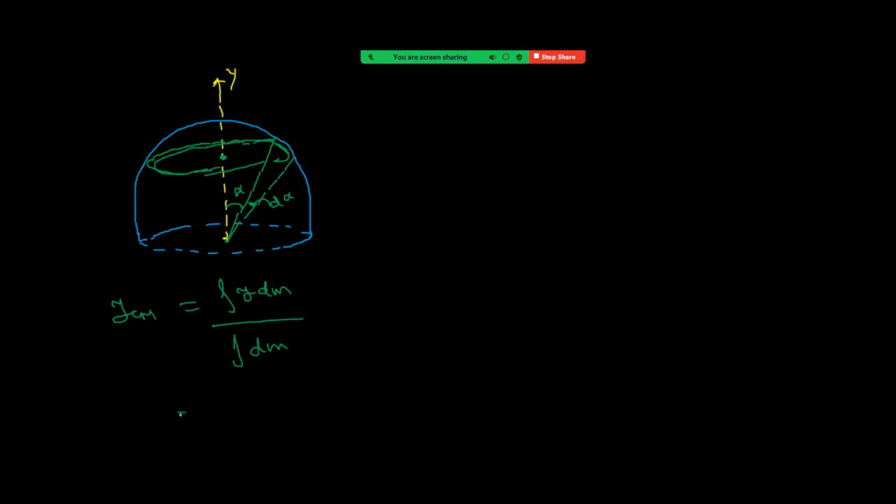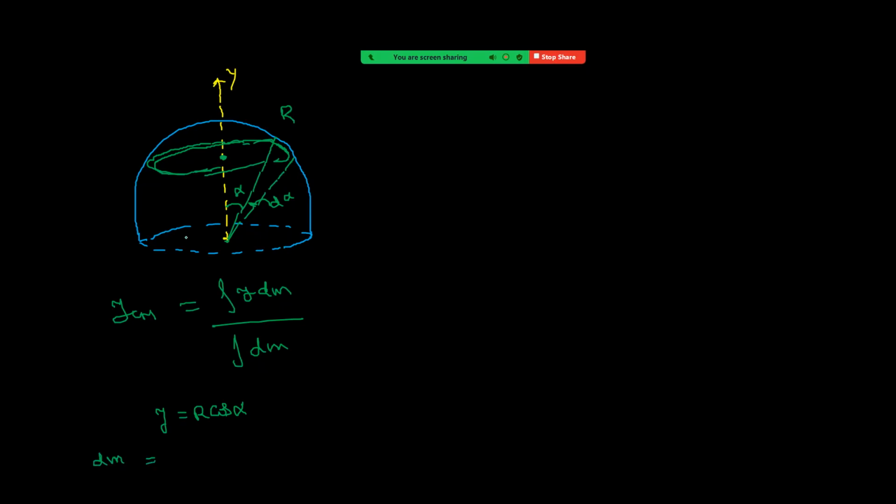So coming to here, y value. Since radius equal to r, here that y value equal to r cos alpha, right? So y value, I will write here, y equal to r cos alpha. Next dm. See how to get dm.